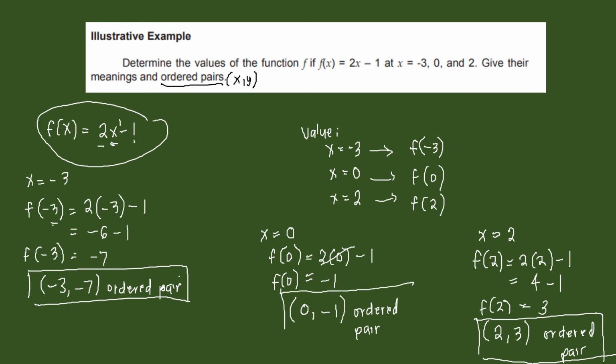It means that the function f, when x is equal to negative 3, has the value of negative 7. Moreover, f of x has a value of negative 1 if the value of x is 0. And f of x is equal to 3 if the value of x is 2. Did you get that?